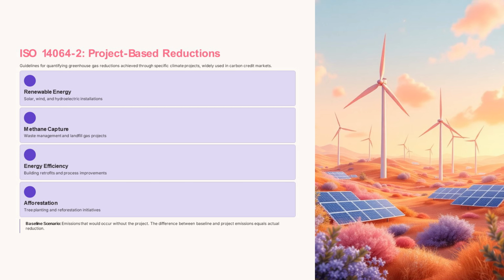ISO 14064-2 helps determine how much greenhouse gas emission reduction occurs as a result of a project. To do this, the standard introduces the concept of a baseline scenario. A baseline scenario represents emission that would occur if the project had not been implemented. The difference between the baseline emission and the project emission represents the actual emission reduction. This methodology is widely used in carbon credit markets and climate mitigation programs.